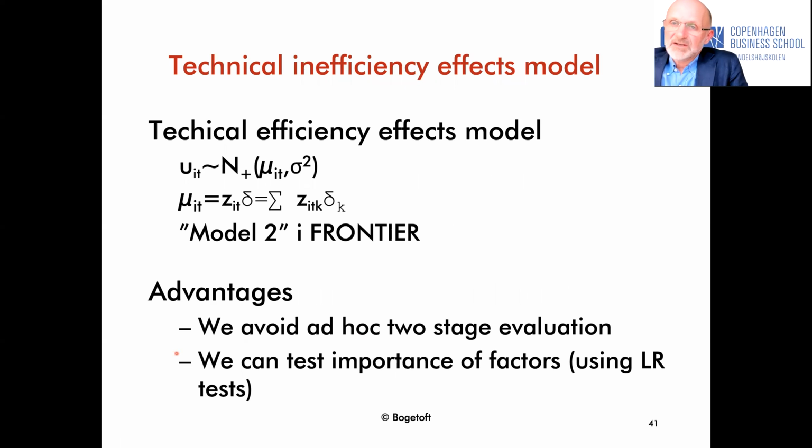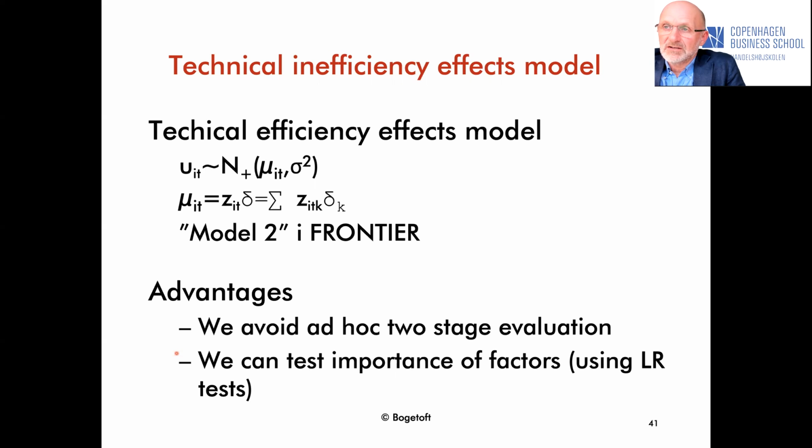Another cool thing you can do with SFA is that you can assume that the inefficiency term has a mean. So it doesn't necessarily just have to be zero, like half normal. It could be truncated normal. So basically you take a normal distribution located anywhere, and then you truncate it by removing all the negative values.